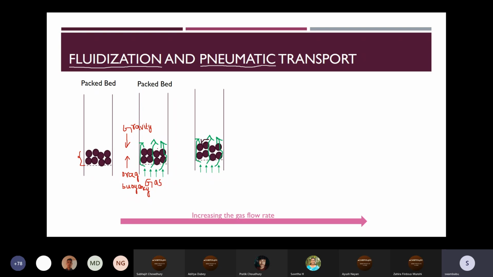Bed height means the height of the particles. This is called bed height. The bed height will increase, but very little.